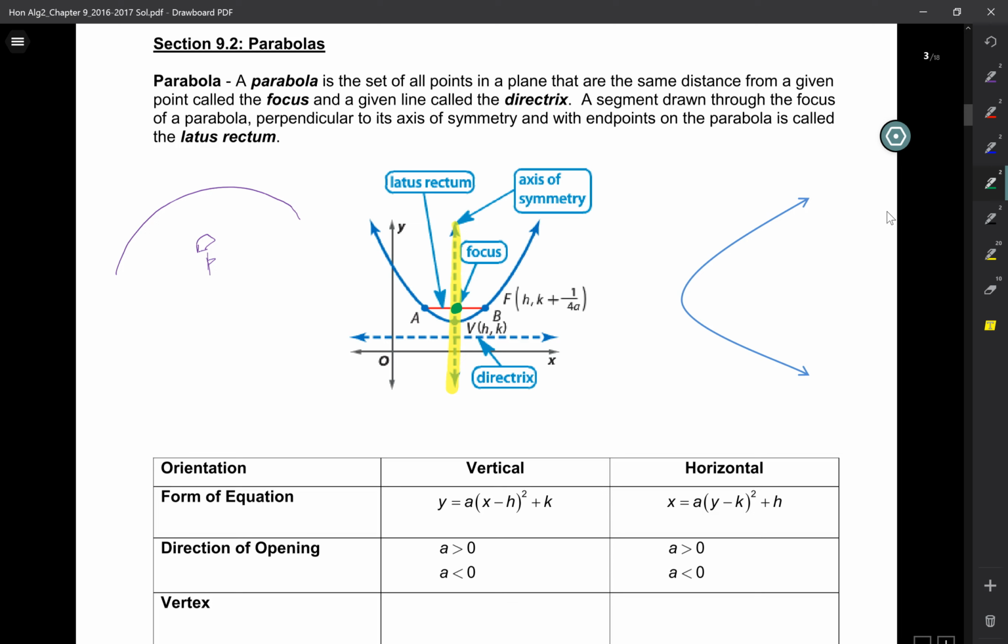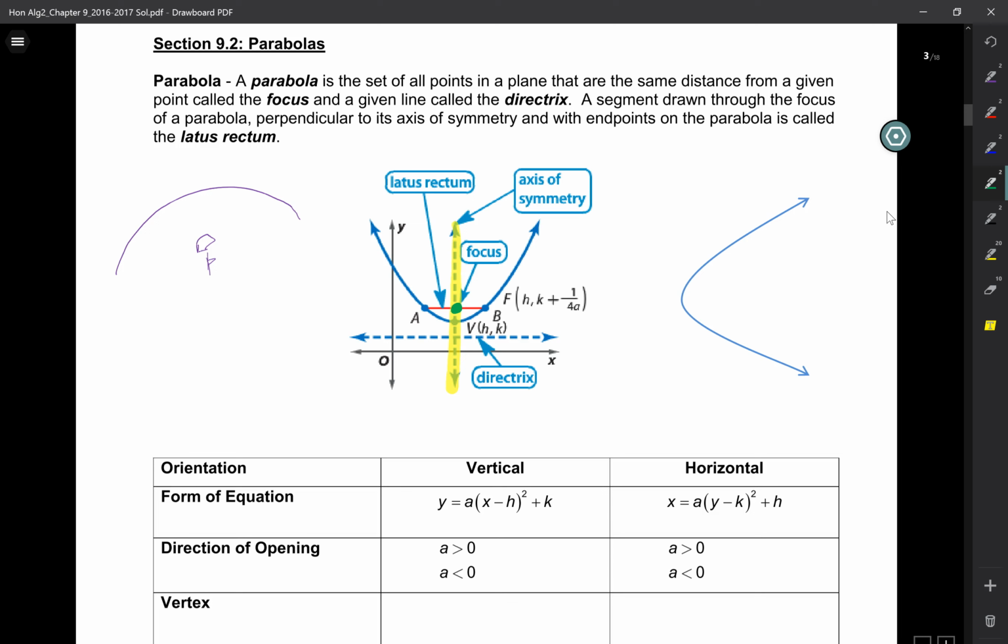That focus is special. If you look at a parabolic heater or the satellite dish or the flashlight, the transmitter in the satellite dish is placed at the focus. The bulb in the flashlight is placed at the focus of the parabola.